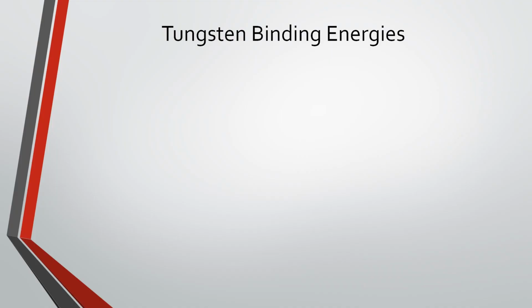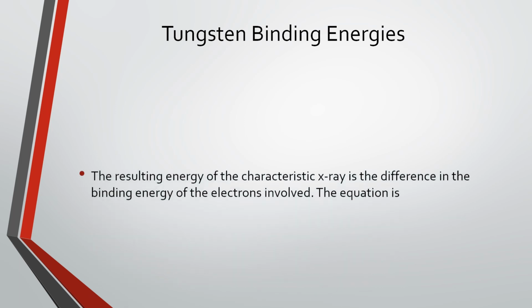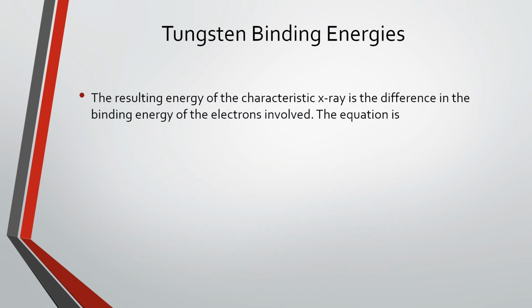So now we'll discuss the binding energies of tungsten, since characteristic X-rays depend on the different energy levels of the electrons. The equation is: the energy of the characteristic X-ray produced is the energy of the inner shell minus the energy of the outer shell, the electron that comes in to fill.